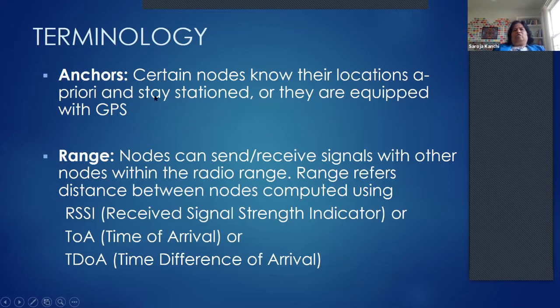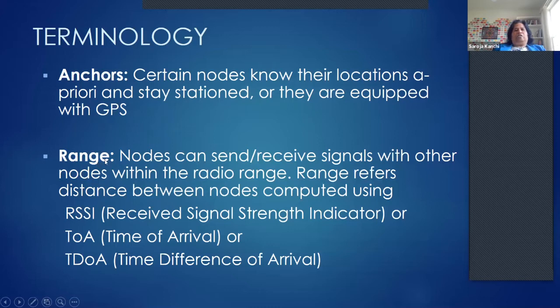Anchors also refer to nodes that happen to know their location a priori and stay stationed. It's possible that we have some sensor nodes that do not move and some that tend to move during the mission. So we could use the ones whose location we know, even though they may not be equipped with GPS, as anchors. That's what an anchor is for an algorithm.